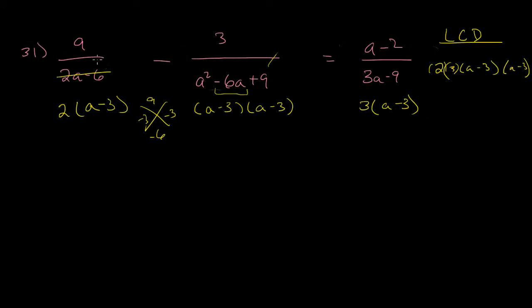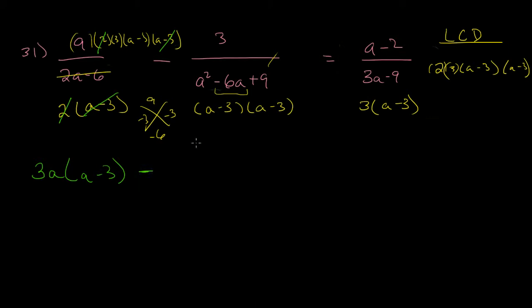Okay, so a times 2 times 3 times a minus 3 times a minus 3 all over 2 times a minus 3. We'll have the 2's cancel and the a minus 3 cancel, and what I'm left with is 3 and the a and one of the a minus 3's.